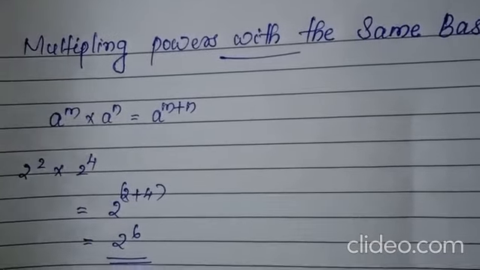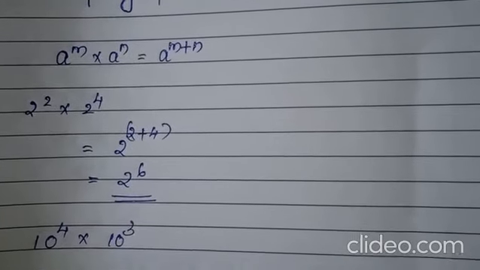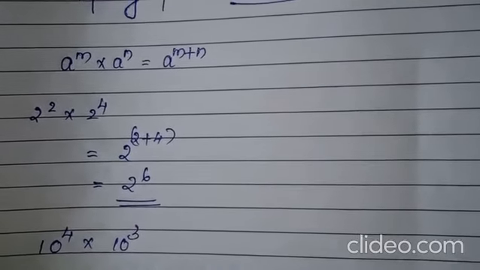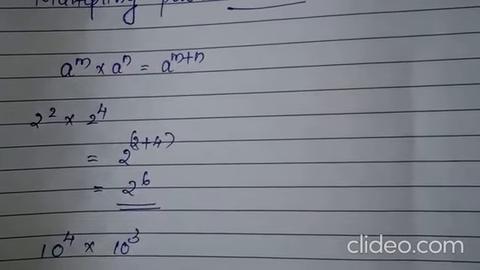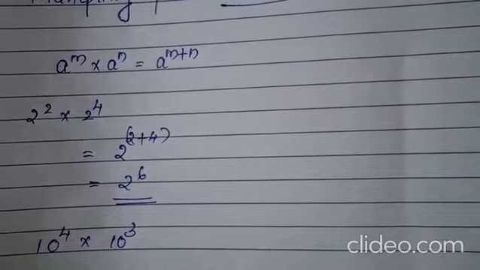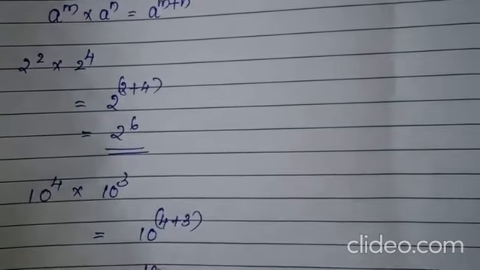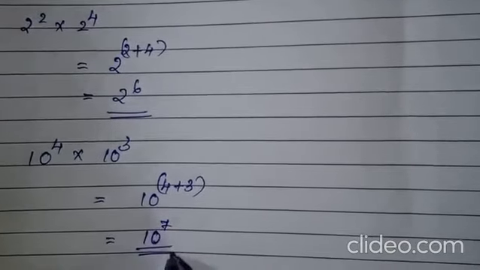Let us do another example: 10 raised to 4 into 10 raised to 3. In this case, the bases are the same. We'll just add the exponents. So 10 raised to 4 plus 3. The answer is 10 raised to 7. Understood?